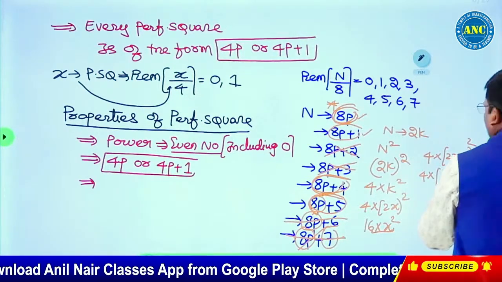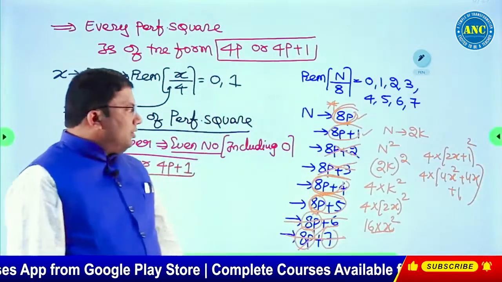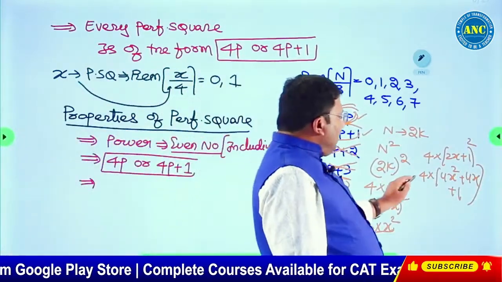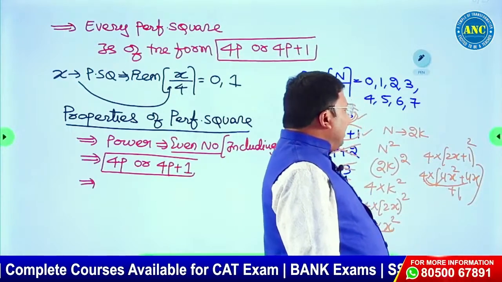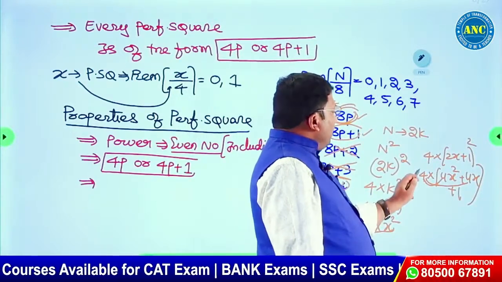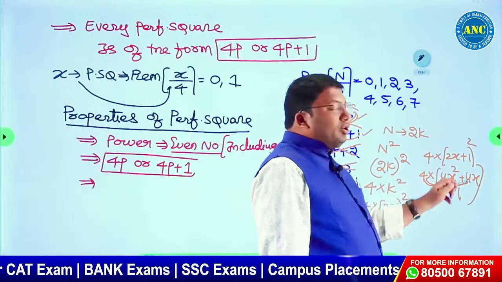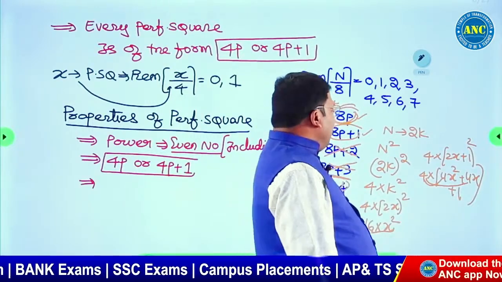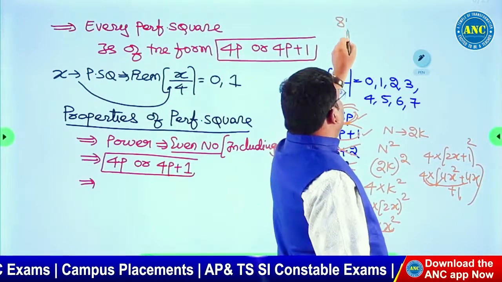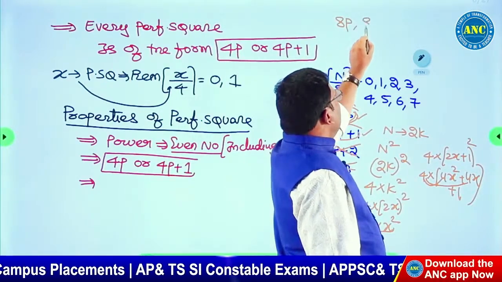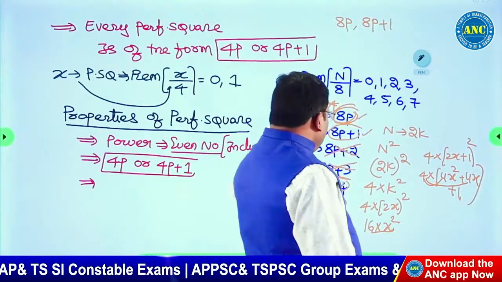I hope you are all with me. I am doing it by using variables. Now this is divisible by 4, and it gives a remainder 1. 4 into 4, 16, divisible by 8. So 8p plus 1 is perfectly possible.